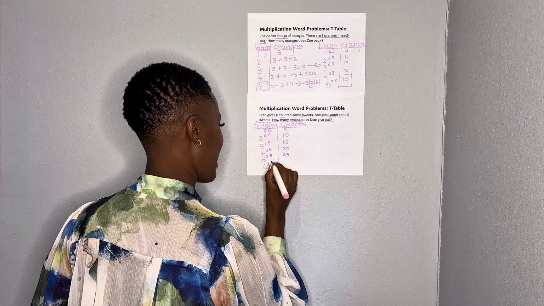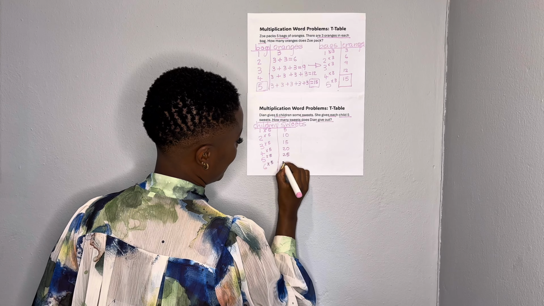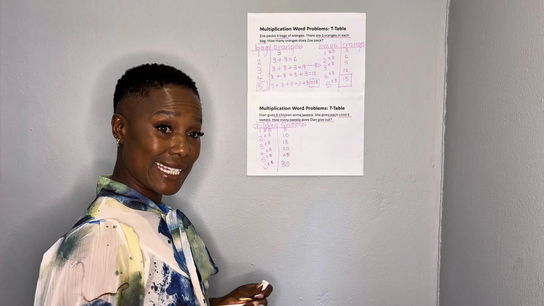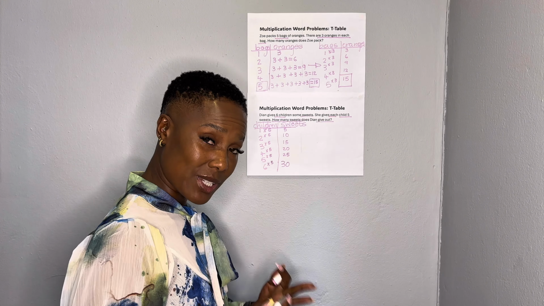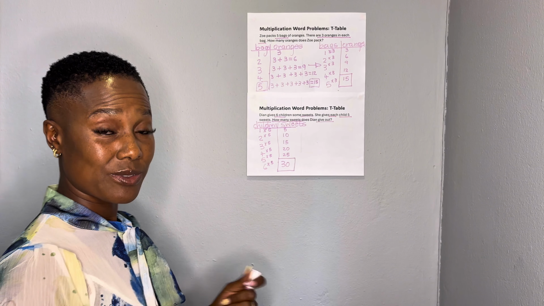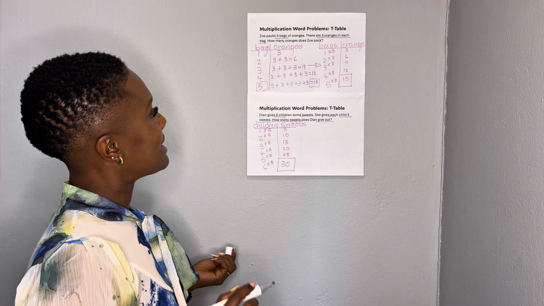And 6 times 5 gives us 30. So how many sweets did she give out in total? 30 sweets. Okay. So this is how we solve using the T table.